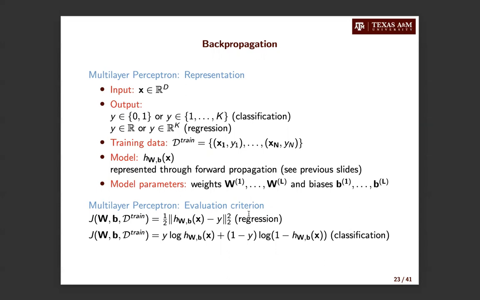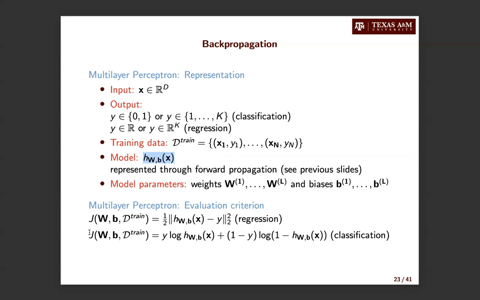If we have a regression case, the criterion that can be used is the RSS error, meaning how much the output of our network is different from the actual label. And here the output of the network can be represented via this function h, which depends on all the weights of the network and on all the bias terms of the network.